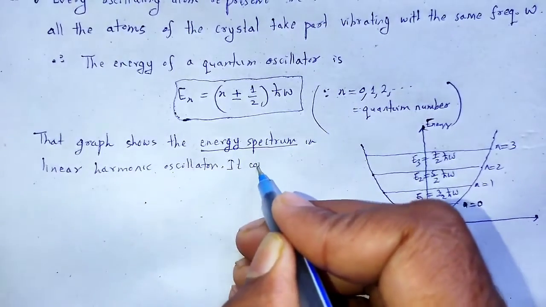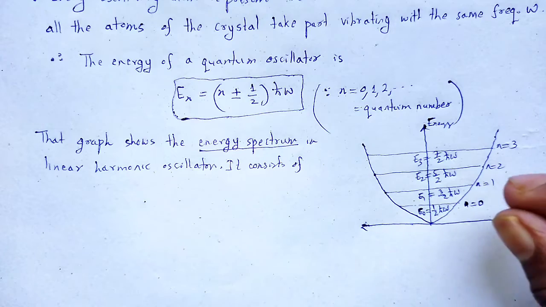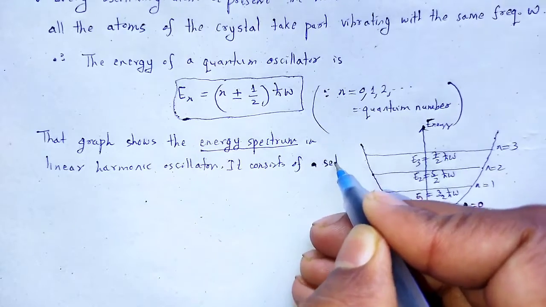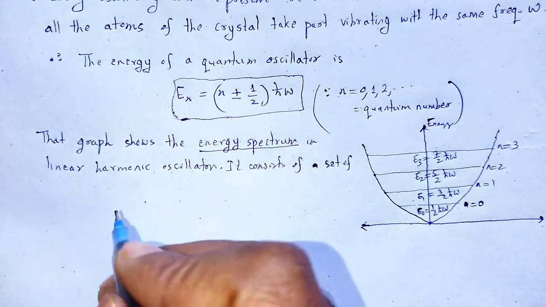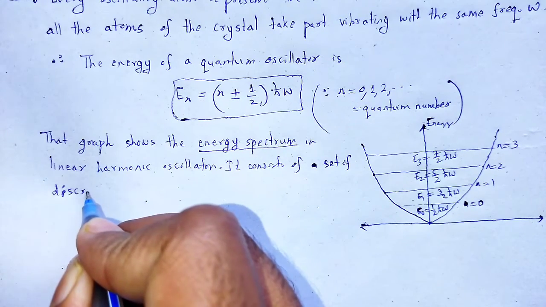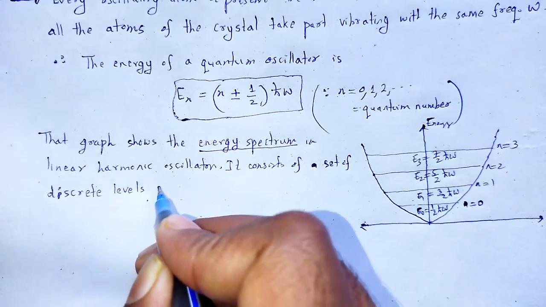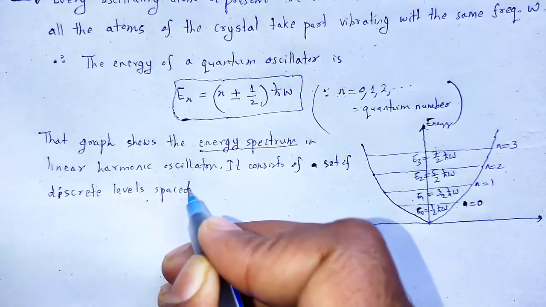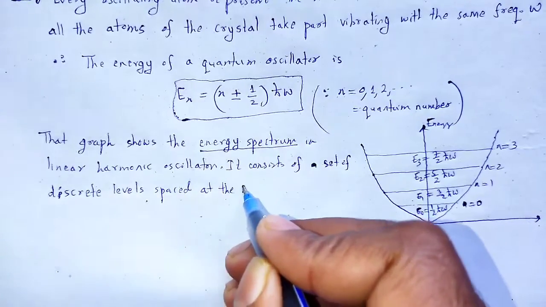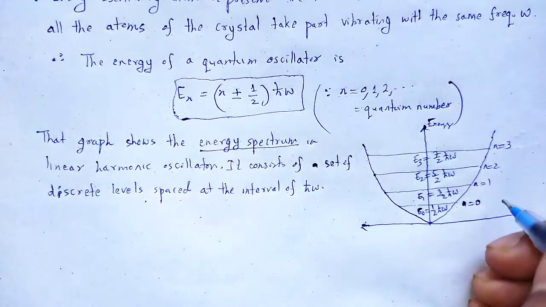It consists of a set of discrete levels that are spaced at the interval of h cut omega.